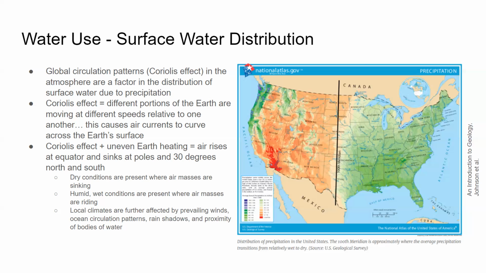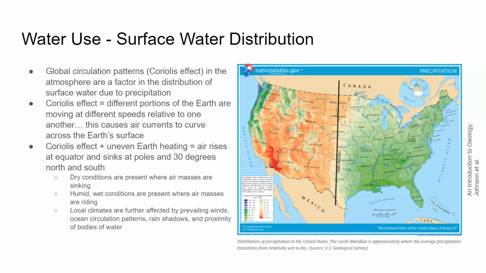I added the definition of the Coriolis effect just in case you might not remember it from school. The Coriolis effect is where different portions of the Earth are moving at different speeds relative to one another, and this causes the air currents within the atmosphere to curve across the Earth's surface.